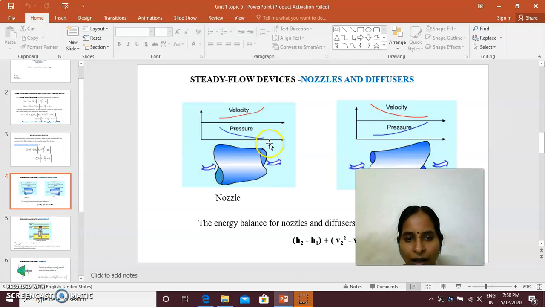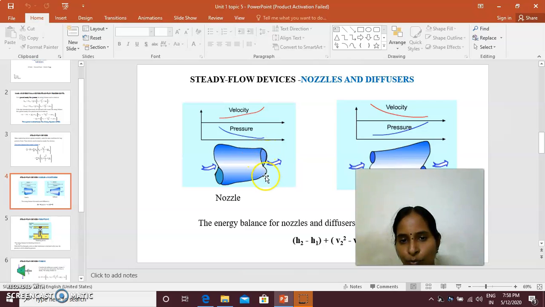From the physical appearance itself, we can see that when the hot working substance enters the nozzle, because of the area reduction, its velocity at the outlet increases, since the surrounding control volume restricts its flow.